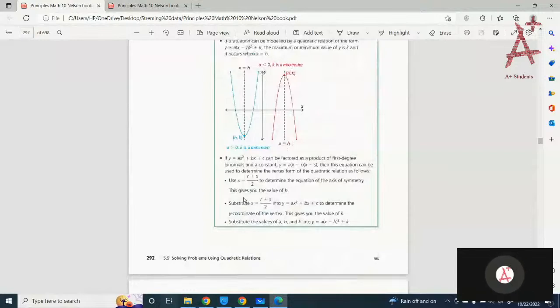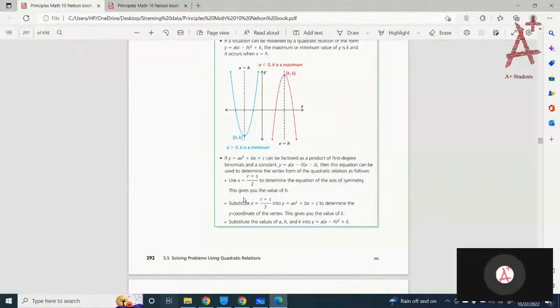If y equals ax squared plus bx plus c can be factored as a product of a constant and two first-degree binomials, y equals a times (x minus r) times (x minus s), then the equation can be used to determine the vertex as follows. If you are given the equation in factored form, you can find the axis of symmetry as x equals (r plus s) divided by 2.